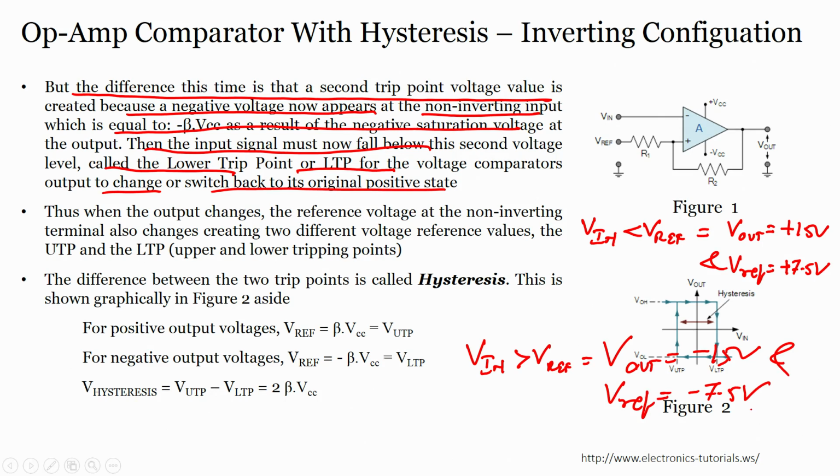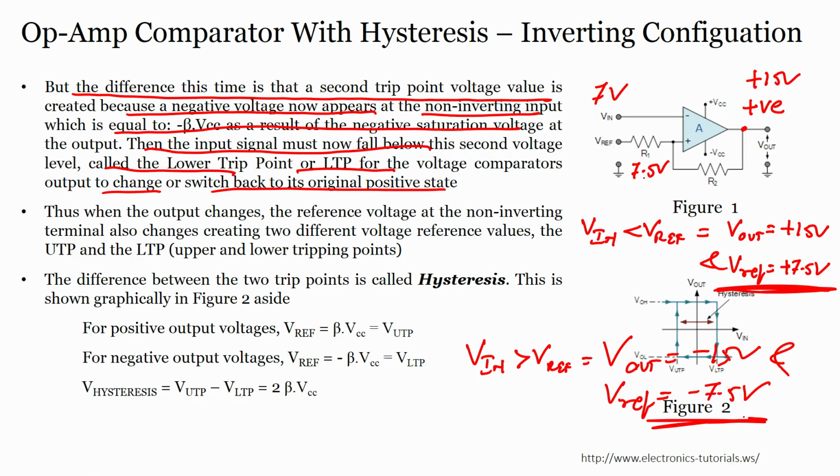Now, I have Vreference 7.5 and Vreference minus 7.5. That means, if my Vin is 6.5 or let us say 7 volts, my Vreference voltage is 7.5 volts, my output will stay in positive saturation, that is positive 15 volts, alright.